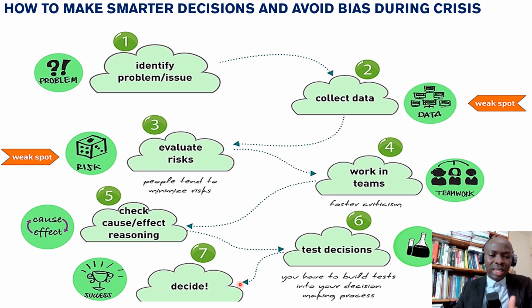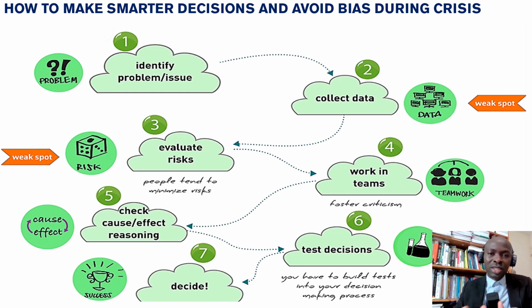But the key thing is that you will find that there are certain procedures to how decision makers make decisions at the time of crisis. What most of the literature seems to be pointing out is that there's a methodology to making decisions, and this methodological aspect seems to be much more touted as part of the best practices related to decision making: trying to identify what problems you've got, collecting some relevant data, and evaluating what potential risks your organization may be facing.